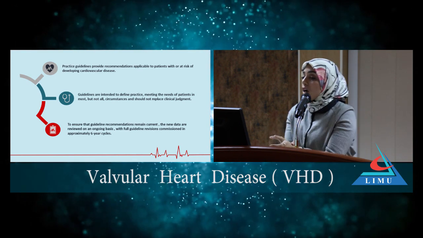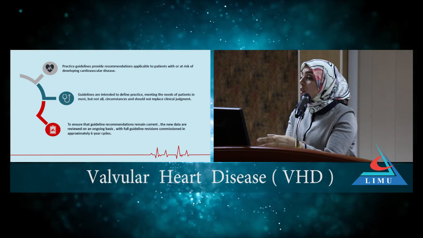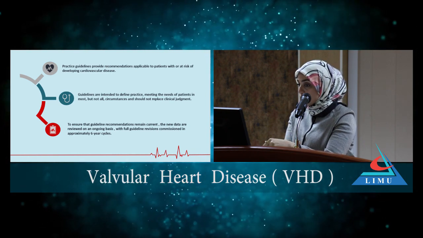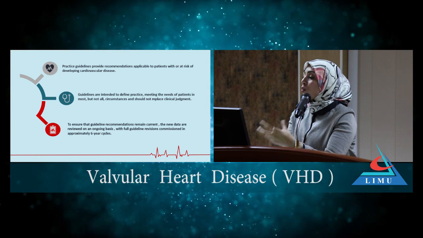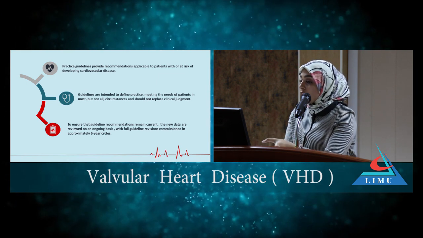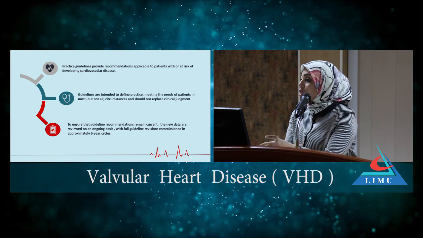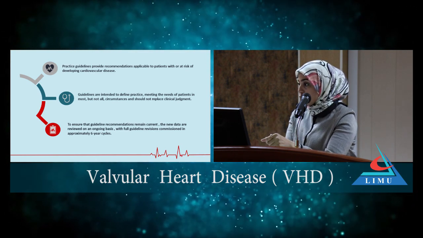These guidelines are intended to provide recommendations applicable to patients with or at high risk of developing cardiovascular disease. They're also intended to define practice meeting the needs of patients in most, but not all circumstances. However, these guidelines should not replace clinical judgment.